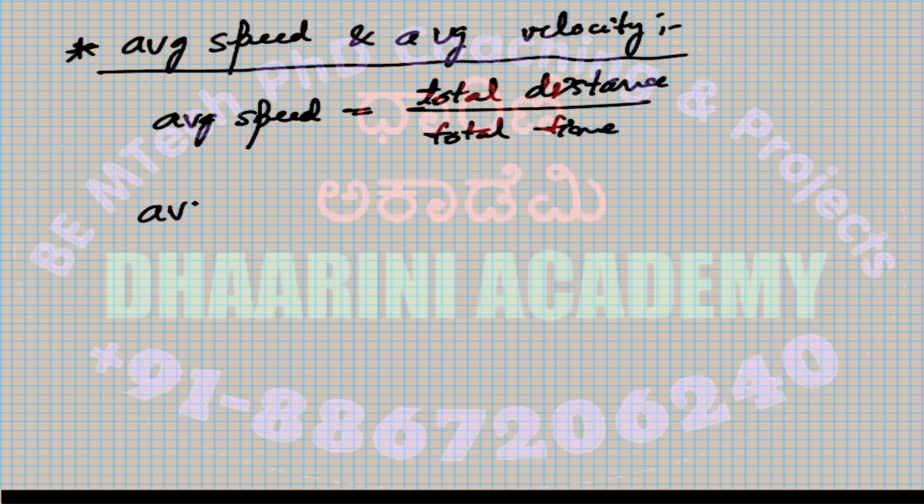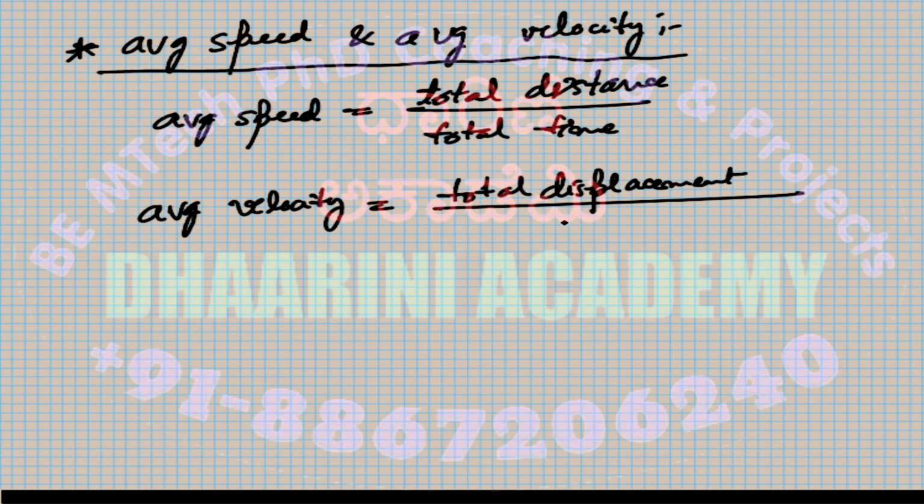Then if you want to calculate average velocity, this will be the total displacement divided by the total time. For velocity we give a notation v.